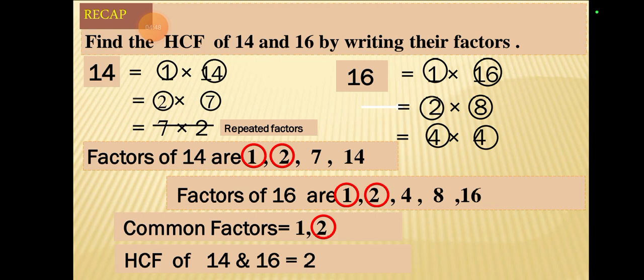These two factors are common, so I will place the common factors on another line: 1 and 2. Among these I find the greatest one. In 1 and 2, 2 is greatest, so the HCF of 14 and 16 is 2. This is the highest common factor.